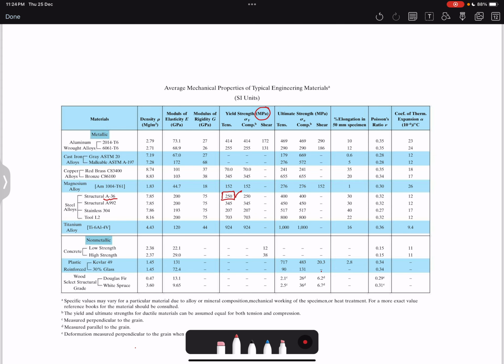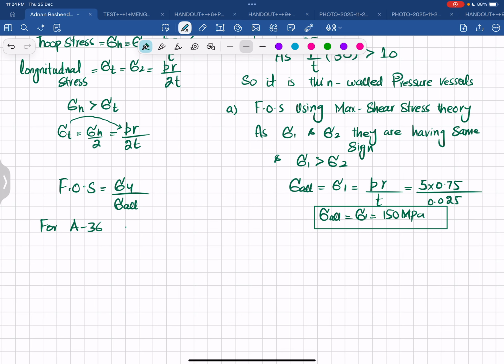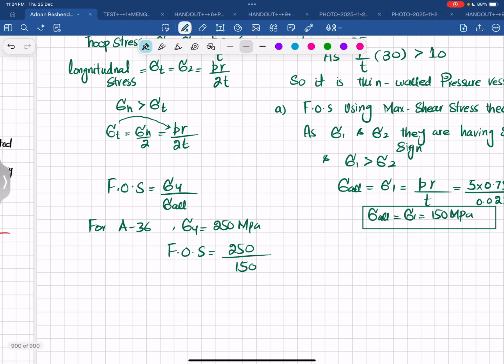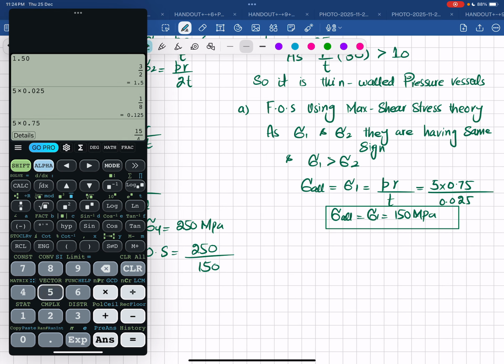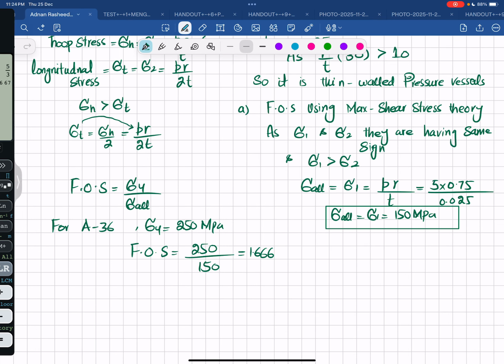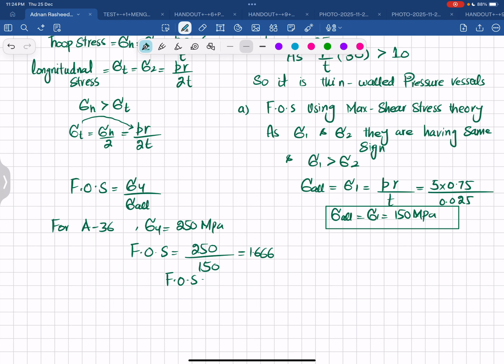I will write sigma yield is 250 megapascal, and the factor of safety will be equal to 250 divided by allowable, 150, which will give you 1.666, or you can say the factor of safety is equal to 1.67 using the maximum shear stress theory, or MSS theory.